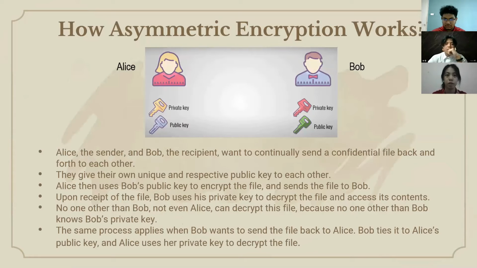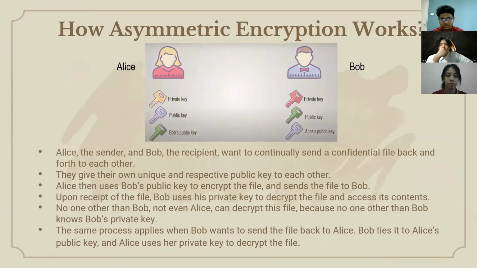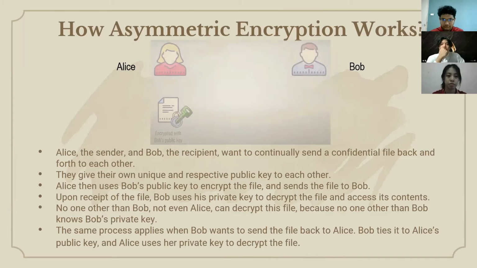So how does asymmetric encryption work? For example, today Alice, the sender, and Bob, the recipient, want to continually send a confidential file back and forth to each other. They give their own unique and respective public key to each other. Alice then uses Bob's public key to encrypt the file and sends the file to Bob.